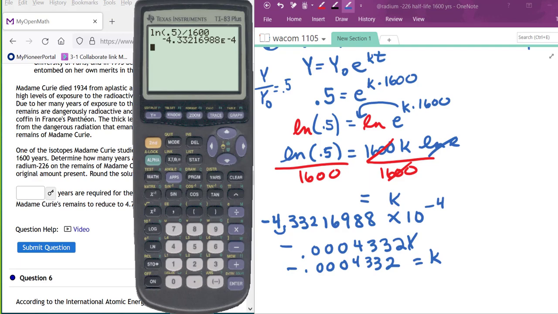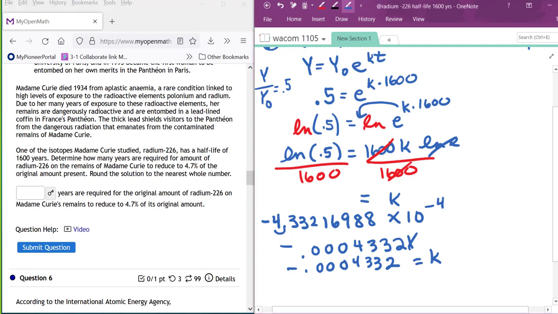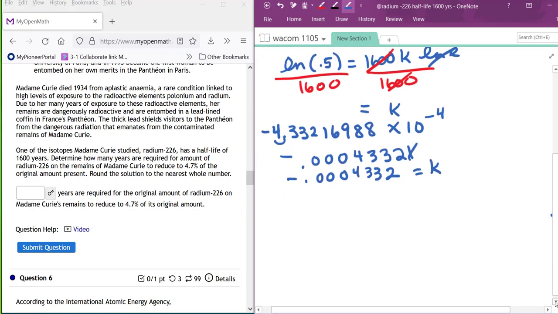Now we'll go back to our problem. All right, and so determine how many years are required for the amount of this on the remains of Madame Curie to reduce to 4.7% of the amount of the original. So we are not going to know the original here, but instead of the 0.5, we are going to switch this out of 4.7% over to a decimal, just like we did the 0.5. 50% is 0.5.